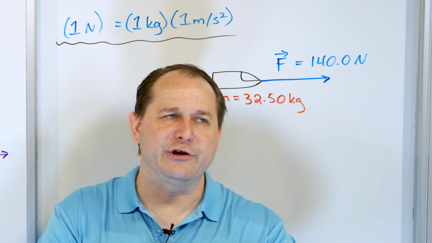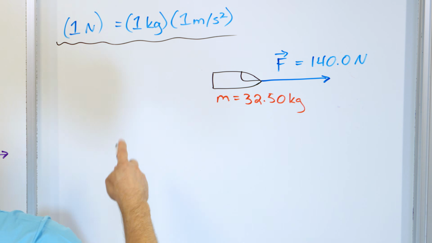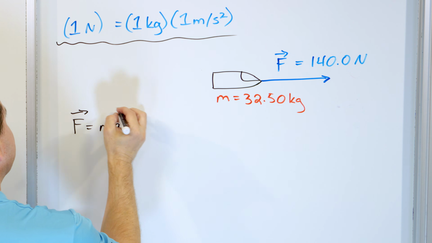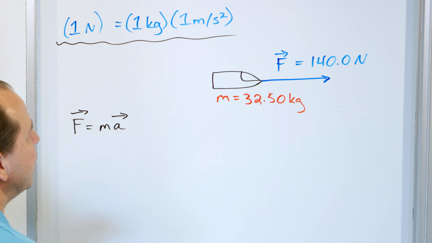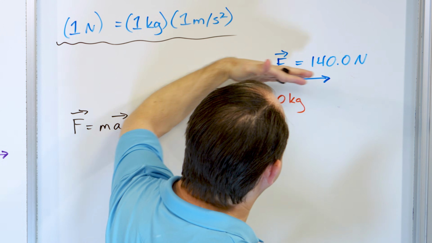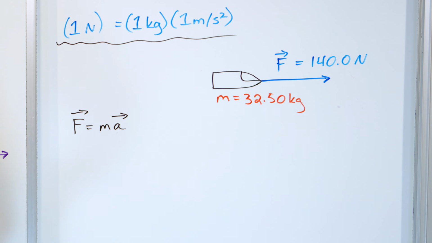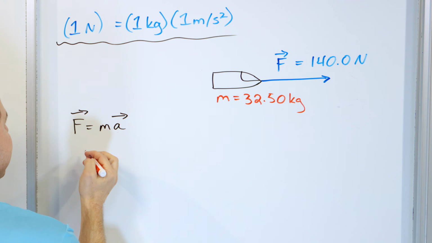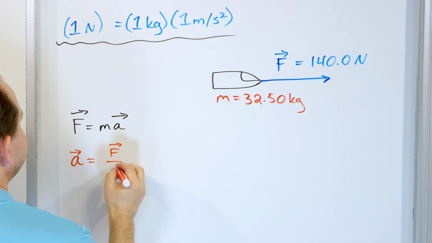So literally, like I said, you can solve most problems in physics with Newton's second law of motion. And you should by now know that force is equal to mass times acceleration. And you should put the vector arrowheads, which just means the force and the acceleration are in the same direction, which just means that if I'm pulling on it with this force, then there has to be an acceleration in the direction of the pull. And we're trying to figure out what this acceleration is. Now you can put the numbers in and then solve, or you could just flip it around and say that the acceleration is equal to the force divided by the mass.